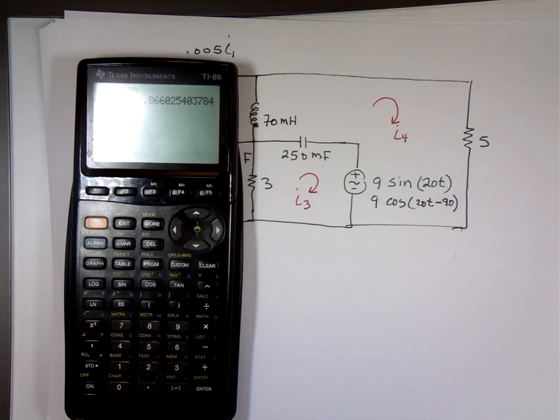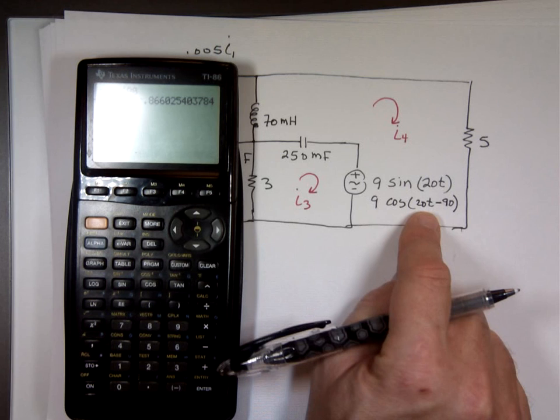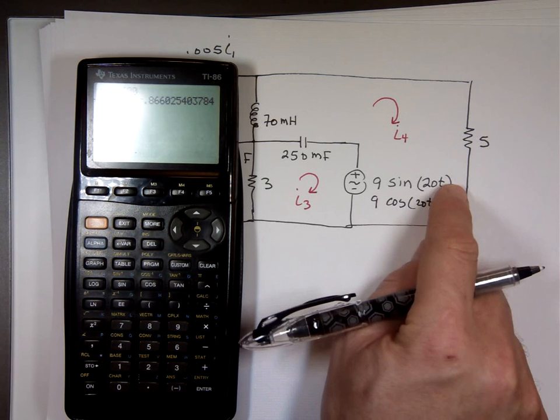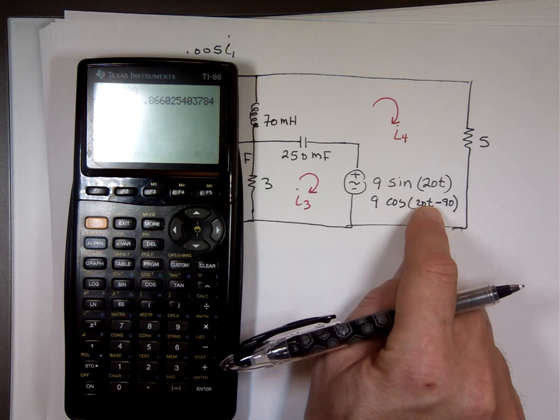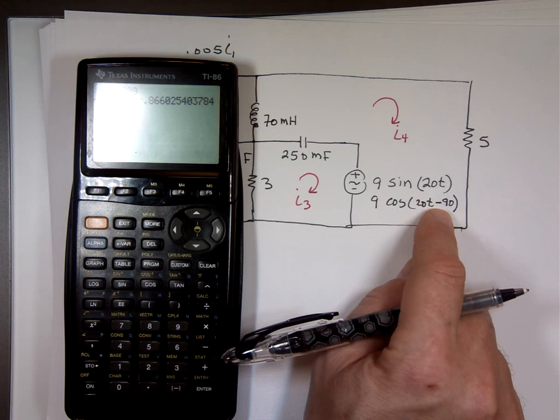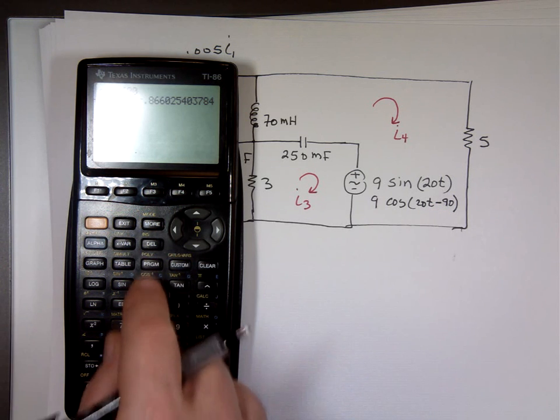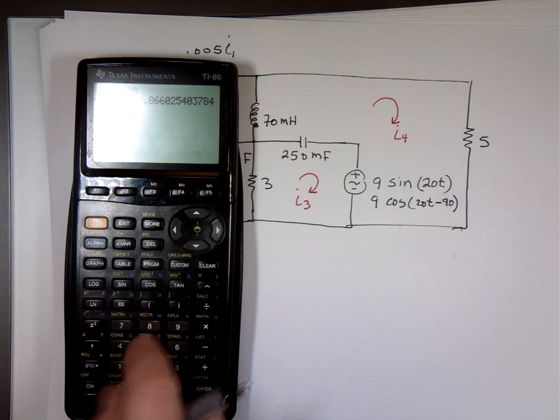Now, 20 times 30 is 600 minus the 90. What's 600 minus 90? 510. Let's try cosine 510 and see if the answer is the same.